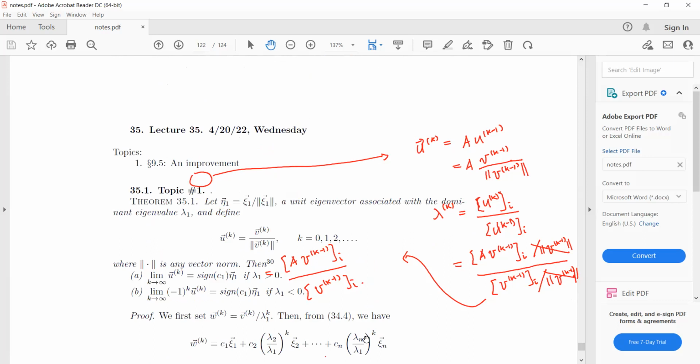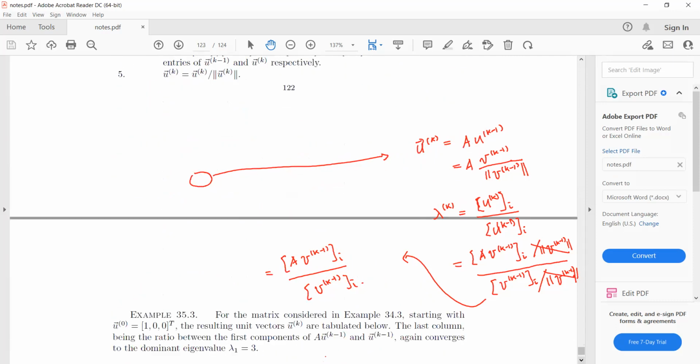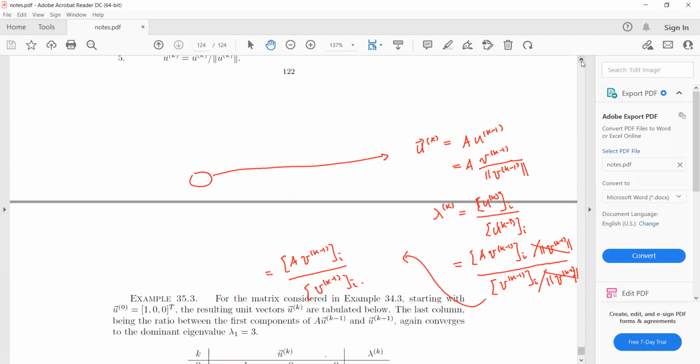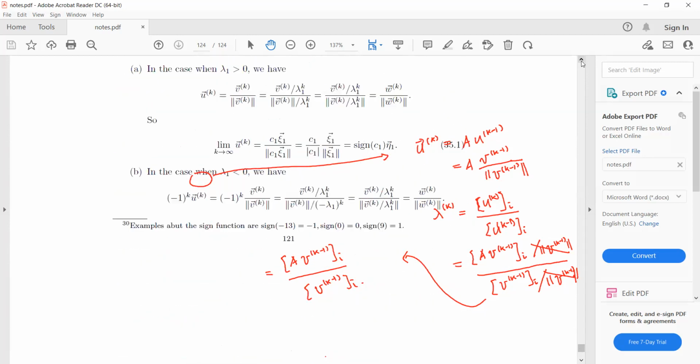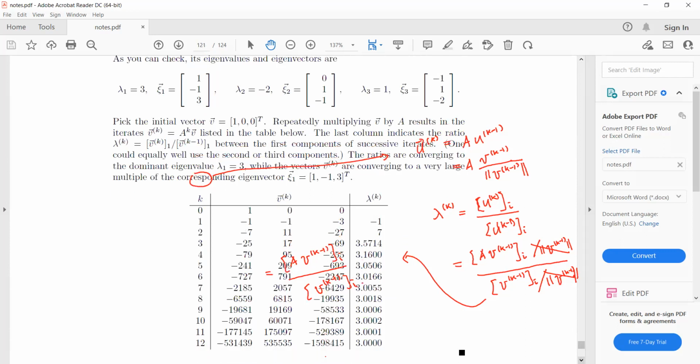Let me see where the previous table is. Yeah, they should be the same. This is the table from the previous example.